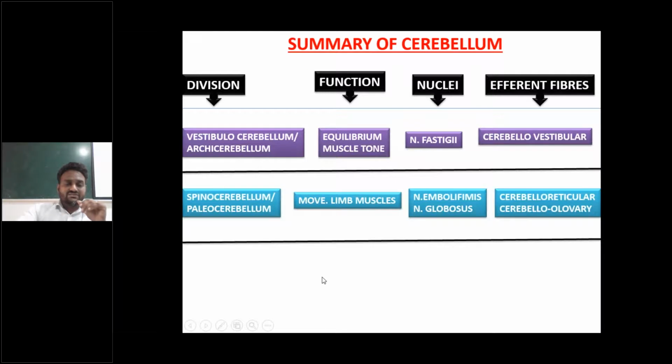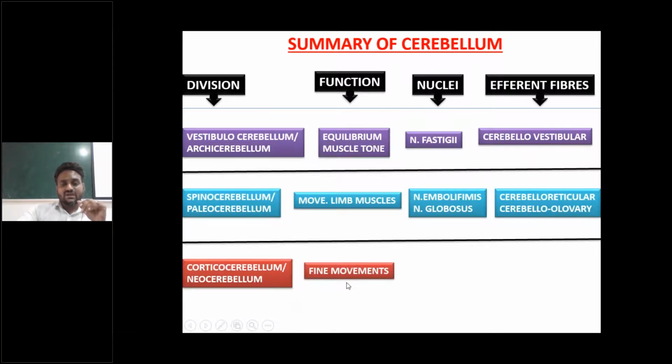And next we come to the last division, the corticocerebellum or neocerebellum. The main functions: fine movements, especially skilled movements, the learning process, and coordination. The nucleus is the nucleus dentatus.